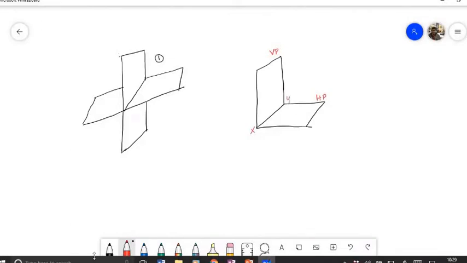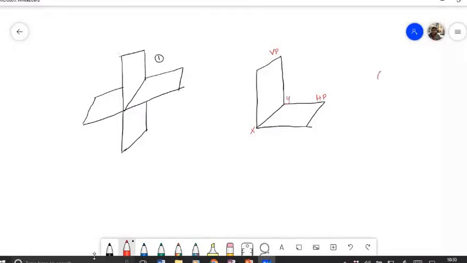Okay. But our drawing sheet is a single plane. Am I right? Yes, sir. So if you draw mutually perpendicular planes in a drawing sheet, it will again become a 3-dimensional object. But our objective is to draw the 2-dimensional object.